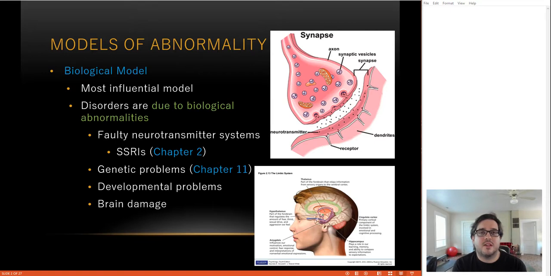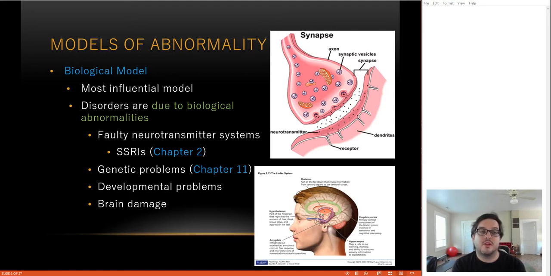What we see in many psychological disorders is that brain activity does differ in some way, and that could be due to the neurotransmitters, it could be due to DNA, it could be due to developmental problems, or it could simply be that at some point in life there was damage either caused physically due to some kind of trauma, or in many cases you see this with stroke patients, and a stroke is when oxygen is blocked from the brain for a certain period of time, in which if it's not receiving oxygen, that tissue will start to deteriorate, it will start to die. And so you can see sometimes loss in certain capacities when someone has had a stroke, causing brain damage.